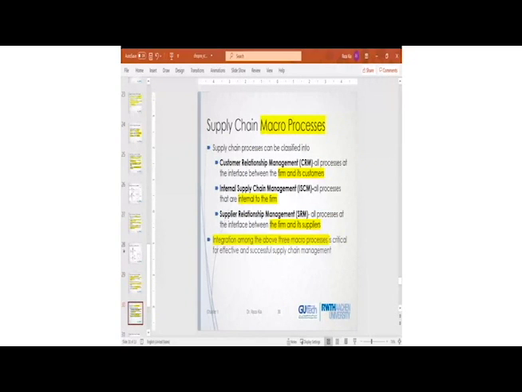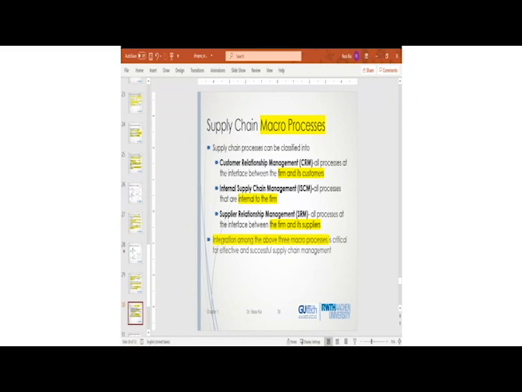And now let's continue. I think this is the last part of this chapter. We have the cycle view. If you remember, in cycle view, we divided the supply chain into 4 cycles: customer order cycle, replenishment cycle, manufacturing cycle, and procurement cycle.